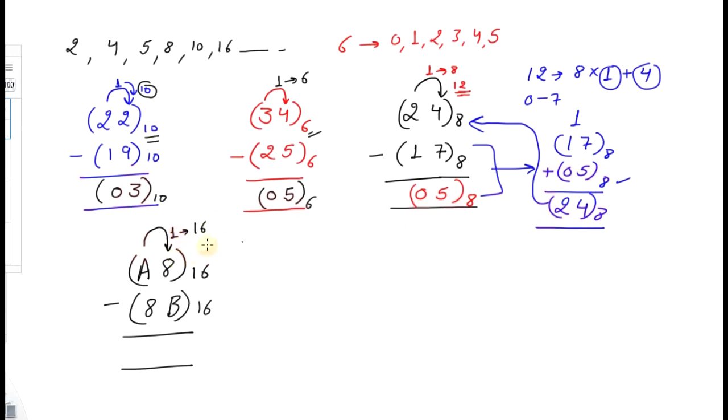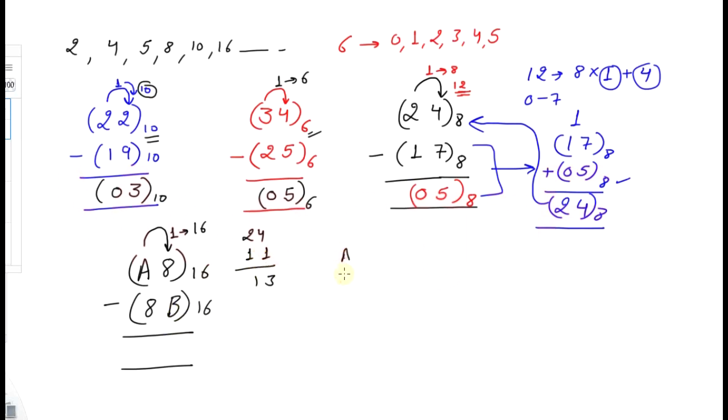16. So 16 plus 8 is 24. Now 24 minus B. B is 11. 24 minus 11 becomes 13, right? How much is 13 in hexadecimal?